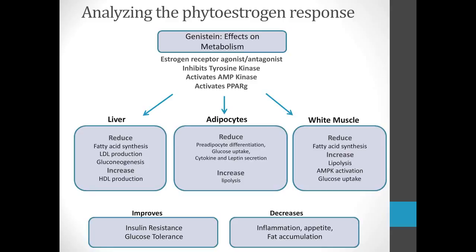However, few studies have been completed in rainbow trout to determine potential effects of dietary genistein consumption. And it's particularly concerning because estradiol has such strong catabolic effects in rainbow trout, which is different from what we see in mammals where estradiol is actually anabolic. So it's important to determine if genistein is also having catabolic effects.